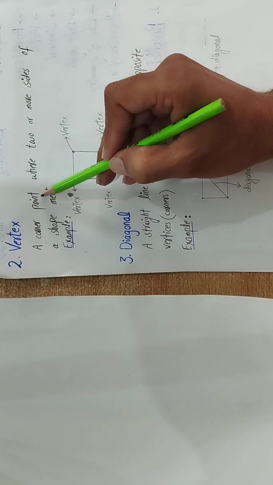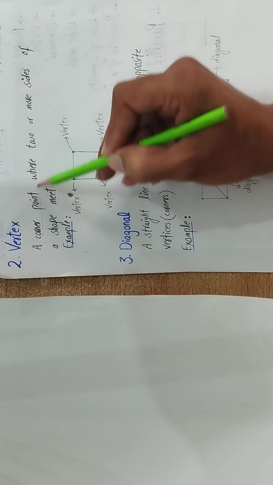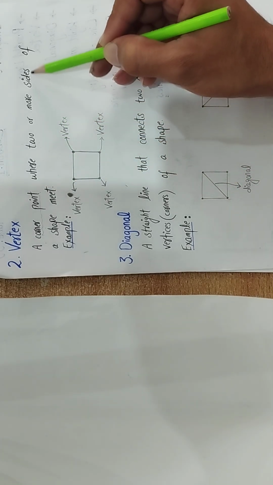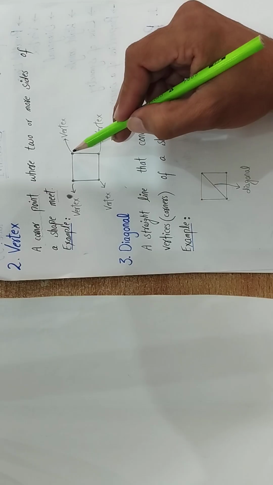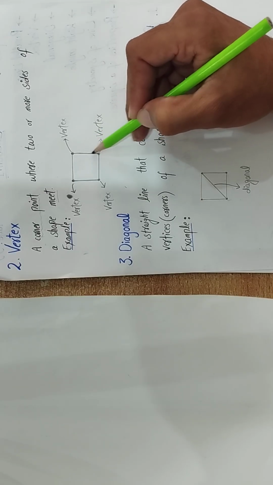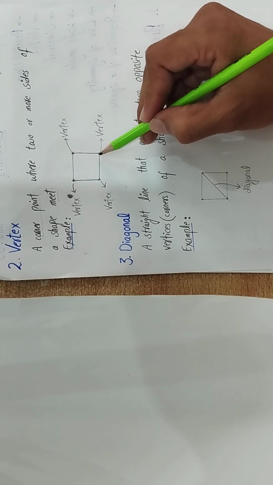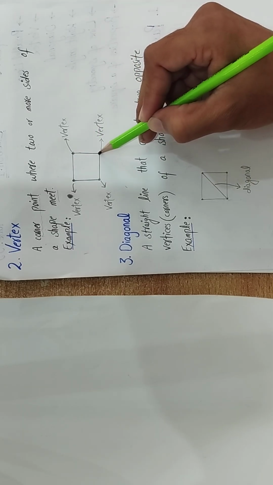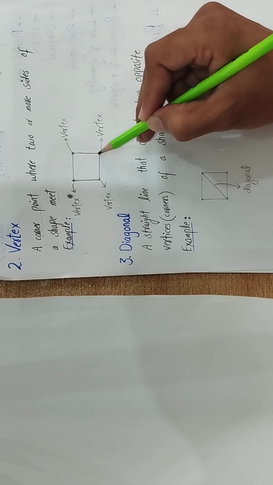Vertex is a corner point where two or maybe more sides of the shape meet. So this point is a vertex because this side and this side are meeting at this point. This point is also a vertex because this side and this side of the square are meeting at this point.